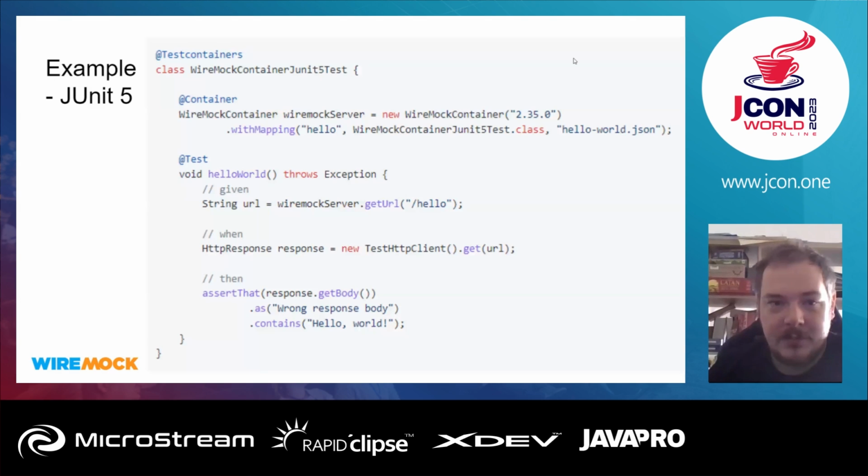So how it looks like, if you use JUnit or any other xUnit framework, it normally looks like a declaration. You say that you run your test with Testcontainers, you define a container. Here I use WireMock of a particular version. I also pre-configure it with a file from resources.